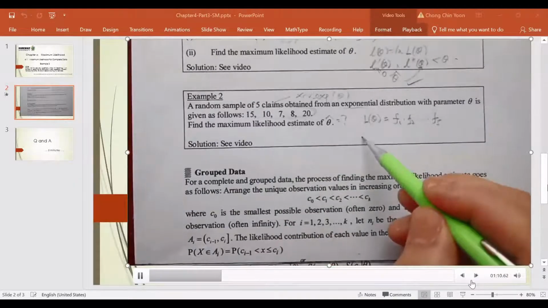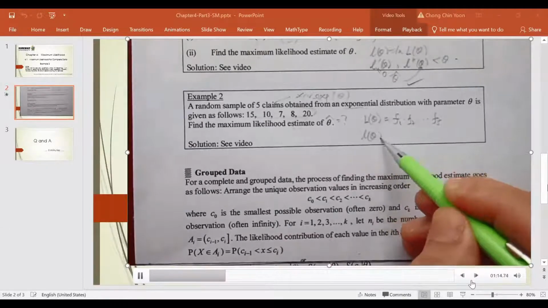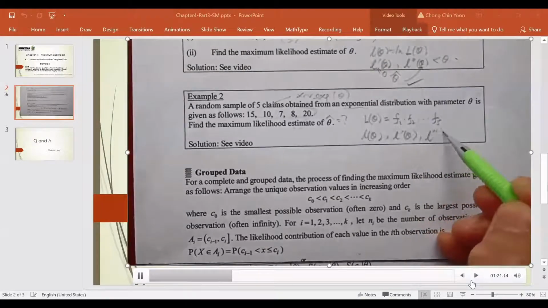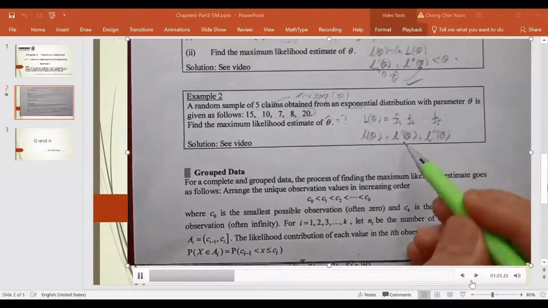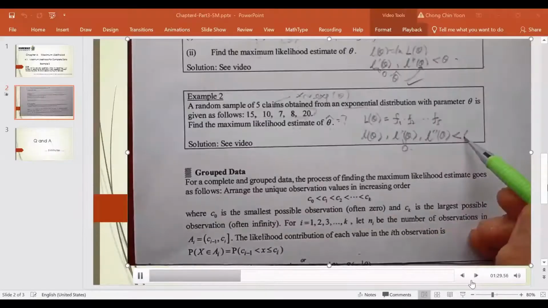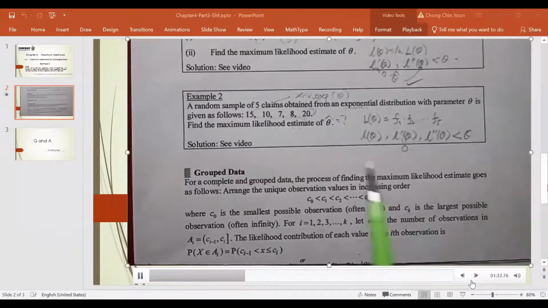Next, we have to get the log likelihood function, and we differentiate in the first order and next the second order. When the slope is equal to 0, we have to test whether the second derivative is negative. Then this problem is solved.